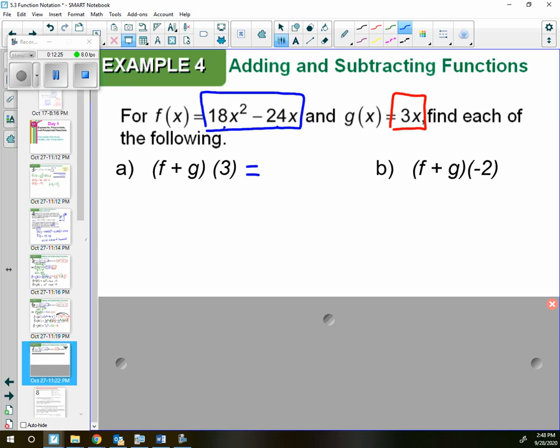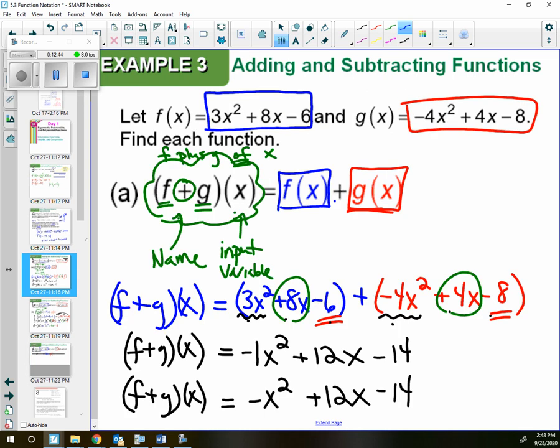So this still means f of 3 plus, because that's the operation symbol in between, g of 3. So I'm literally going to do that addition. I'm going to take the value of the function f plus the value of the function g. It is no different than when we started with f plus g of x. Go back up and look at this original one here.